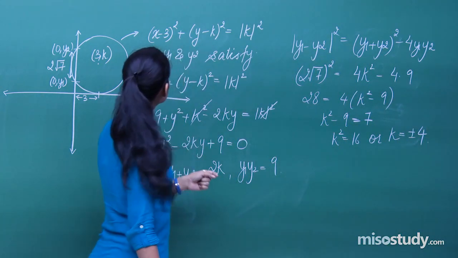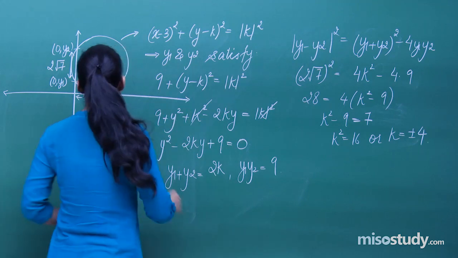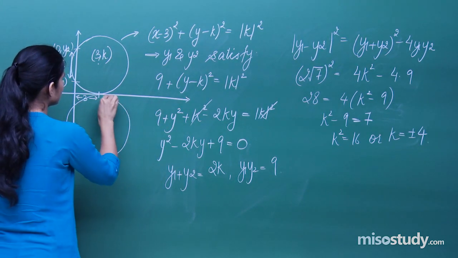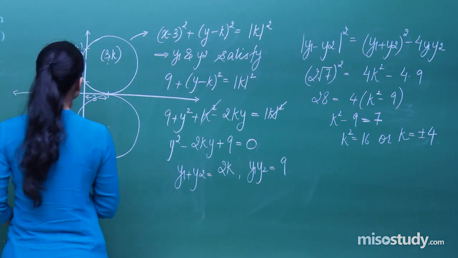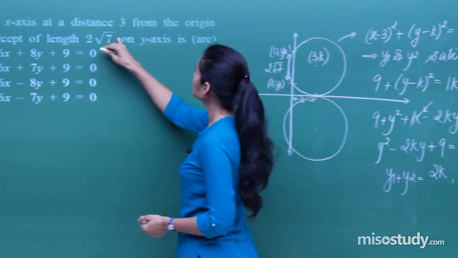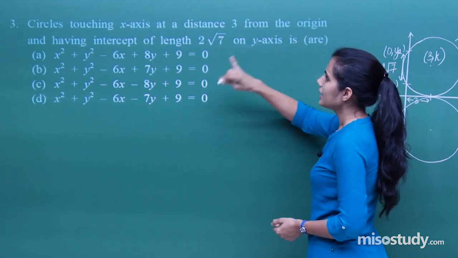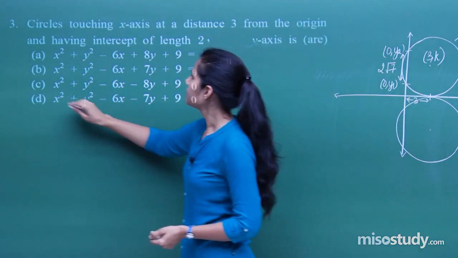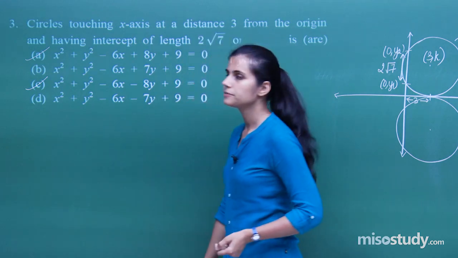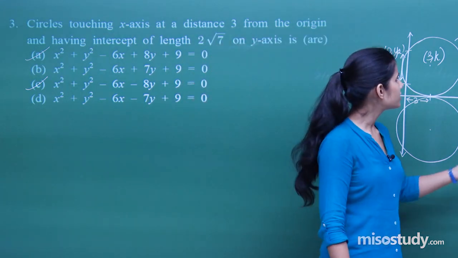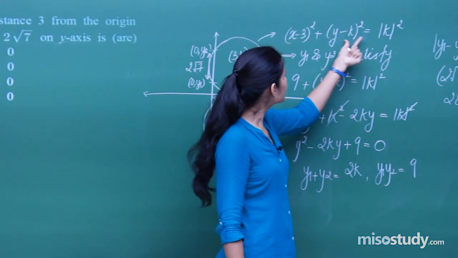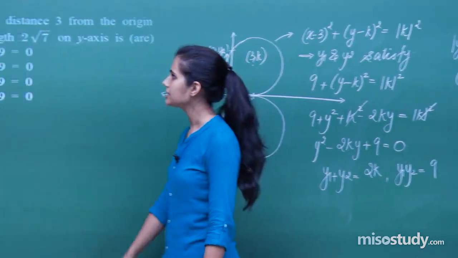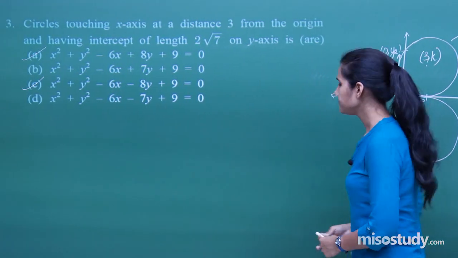When you put k equals plus minus 4 in here, the equations of these circles, which are at a distance of 3 from the origin and have intercept of 2√7 on the y-axis, are given by this and this. You can just put k equals 4 and minus 4, expand this, and you are going to get the equations as A and as C.